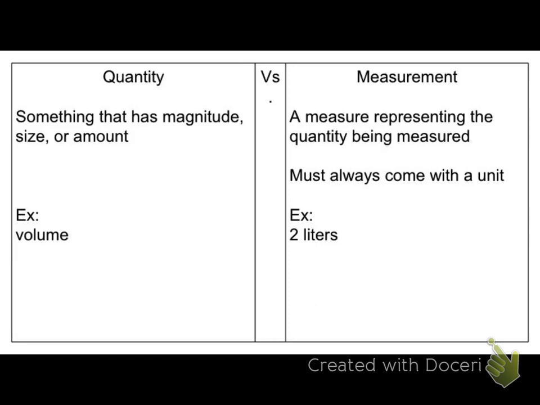It needs to come along with a unit, and that unit will tell me both what tools you use to measure this and what quantity you're measuring. So if you report something in liters, I'm going to assume the measurement you've reported is a measurement of a volume, because liters is the unit that goes along with volume.